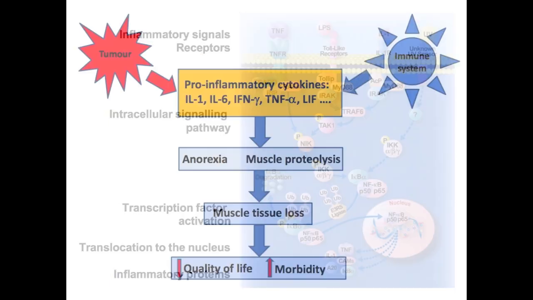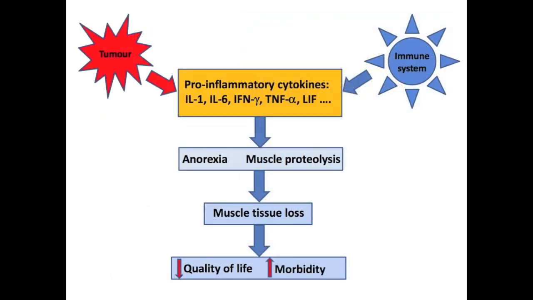I put this in because I had the slide and it was a bit different from some of my other slides. This sort of process is very important in arthritis, inflammatory bowel disease, asthma, all of those things, but also in people bearing advanced tumours. So what happens is actually both the immune system, the inflammatory arm of the immune system, and the tumour are producing these very strong pro-inflammatory proteins called cytokines.